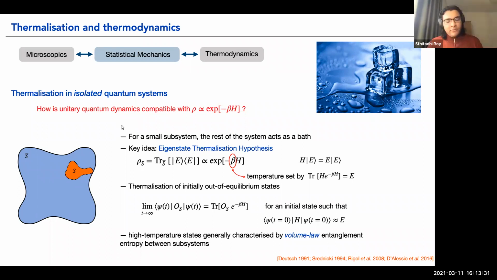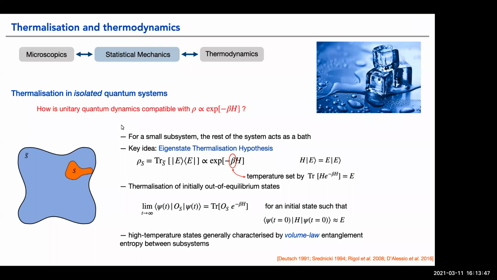No, so I would sort of disagree, because you took a very, quote unquote, fine-tuned example of free fermions. Free fermions are not generic. So this is for a generic system, a non-integrable interacting system. No, but I'm just saying that the general idea that a state in the middle of the spectrum is equivalent to a density matrix at infinite temperature is not true. For local operators, it is correct.